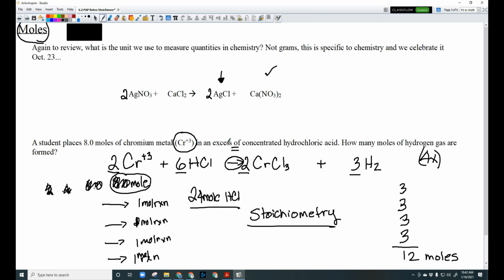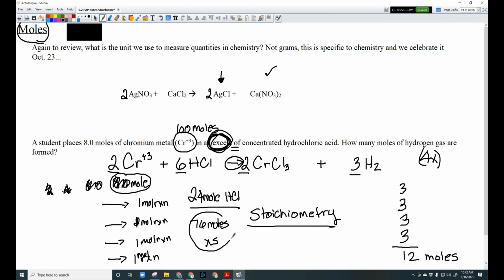Now it says we have an excess of concentrated hydrochloric acid. What this means is we have more than we're ever going to need. Let's say we're given 100 moles of hydrochloric acid. How much is going to be left over? If we go through the reaction 4 times, we're going to use 24 moles of it. If we had 100, that means that we had 76 moles in excess.